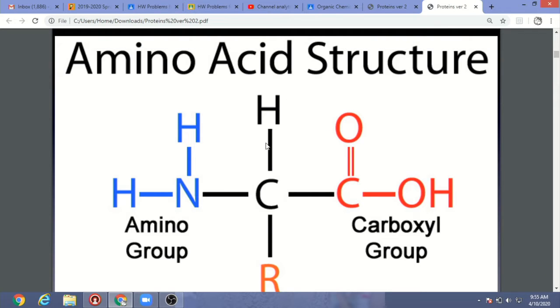The other 3 groups are, well, let me say this. It's always going to bond to a hydrogen. It's always going to bond to an amino group, which is NH2. And it's always going to bond to a carboxyl group, which they really should have labeled as carboxylic acid. And that's why we call it an amino acid, because it has an amino group and a carboxylic acid group.